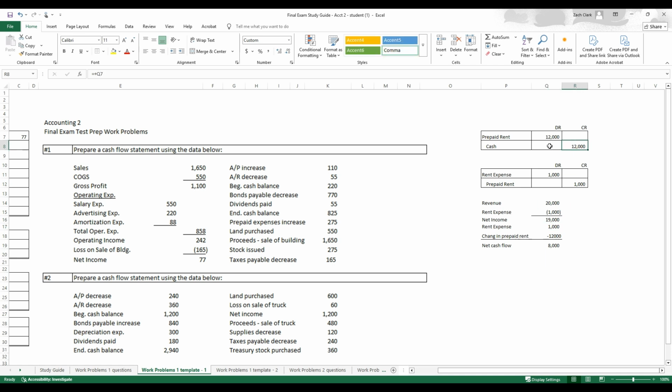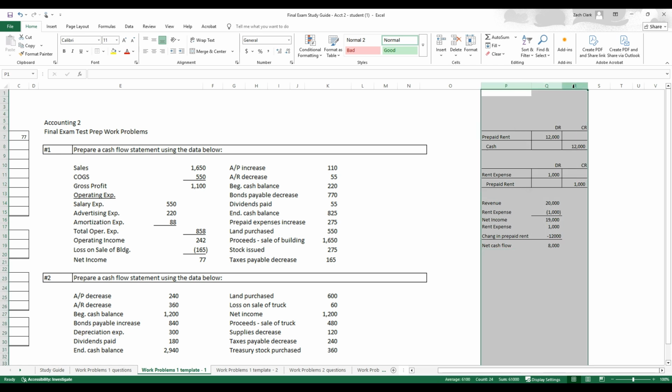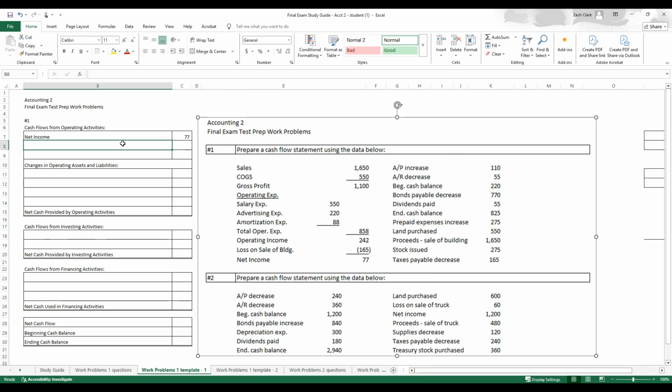What happened from a cash flow perspective was we had 20,000 of income, but we paid out 12,000 in cash. And that's the change in prepaid rent, the change in other assets too. So we would have to account for AR and all the rest of it. But hopefully that kind of helps. I just wanted to walk through some of the logic on these and kind of explain it there. But with all that said, let's dive in.